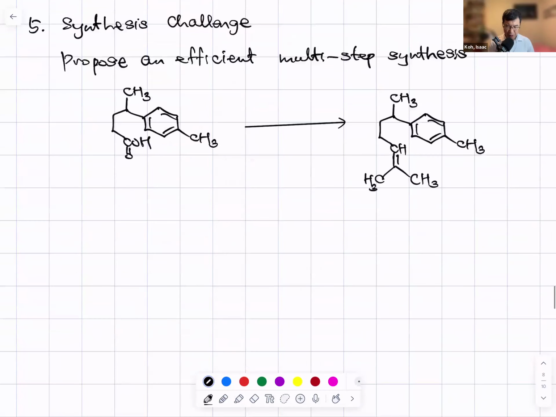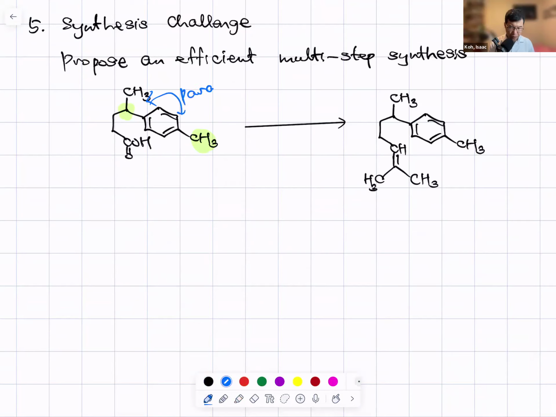Now going to synthesis challenge, propose an efficient multi-step synthesis. Here we have benzene ring, and in para position we have methyl group, and we have a long carbon chain right there.